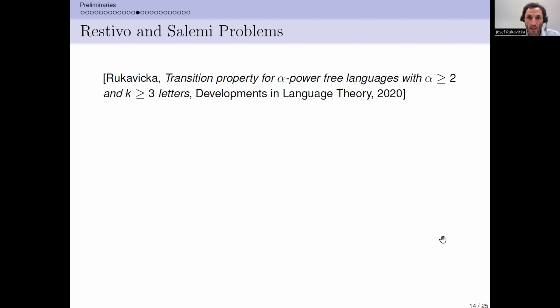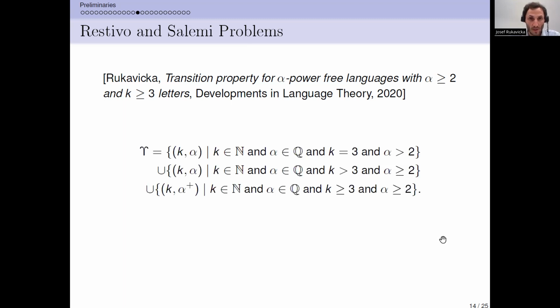As is clear from the name of the paper, I proved my results for the configurations alpha bigger than 2 and k bigger than 3. I will make this result more precise. Here is the definition of the set upsilon.